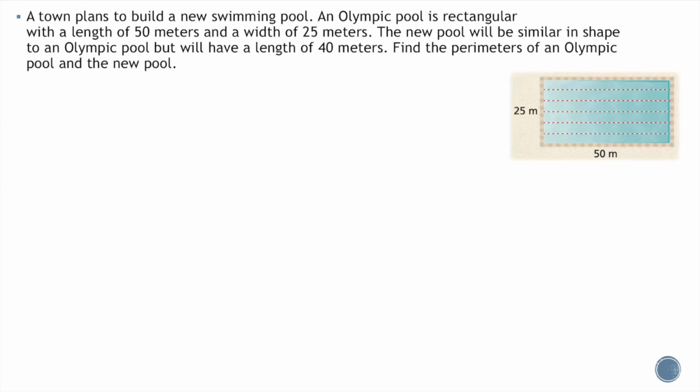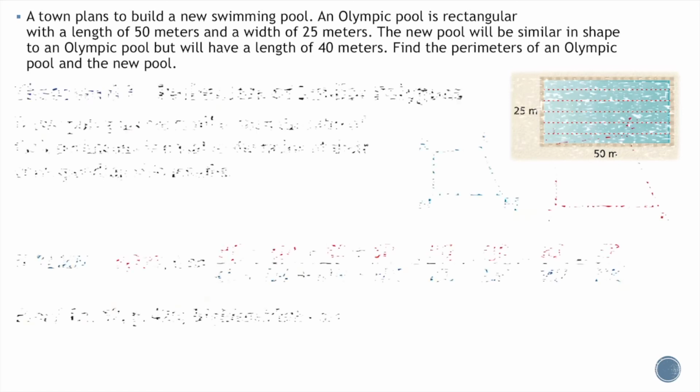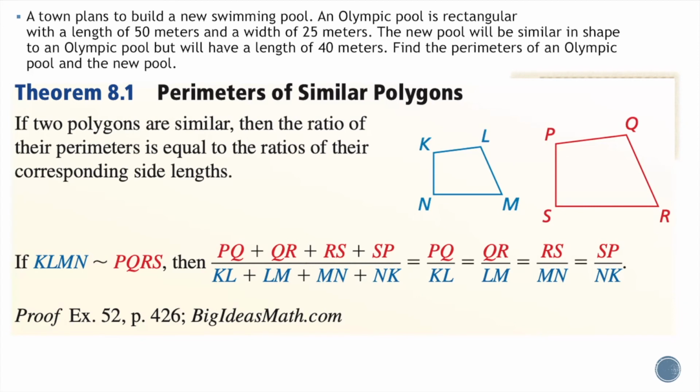Now before we begin, we have to understand one little thing, and that is the perimeters of similar polygons. If we have two polygons that are similar, then the ratio of their perimeters is equal to the ratio of the corresponding side lengths.